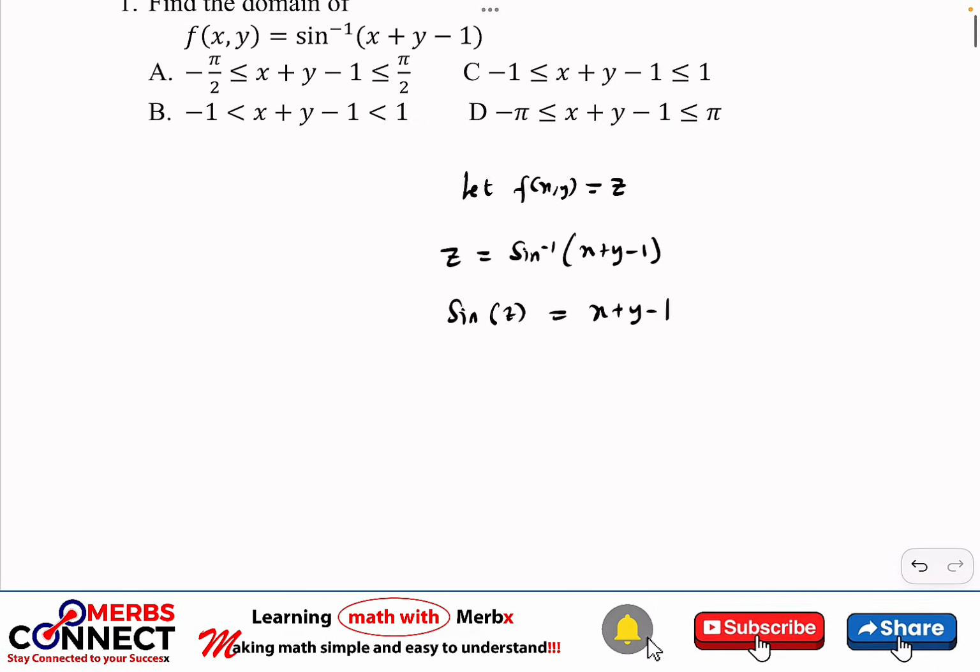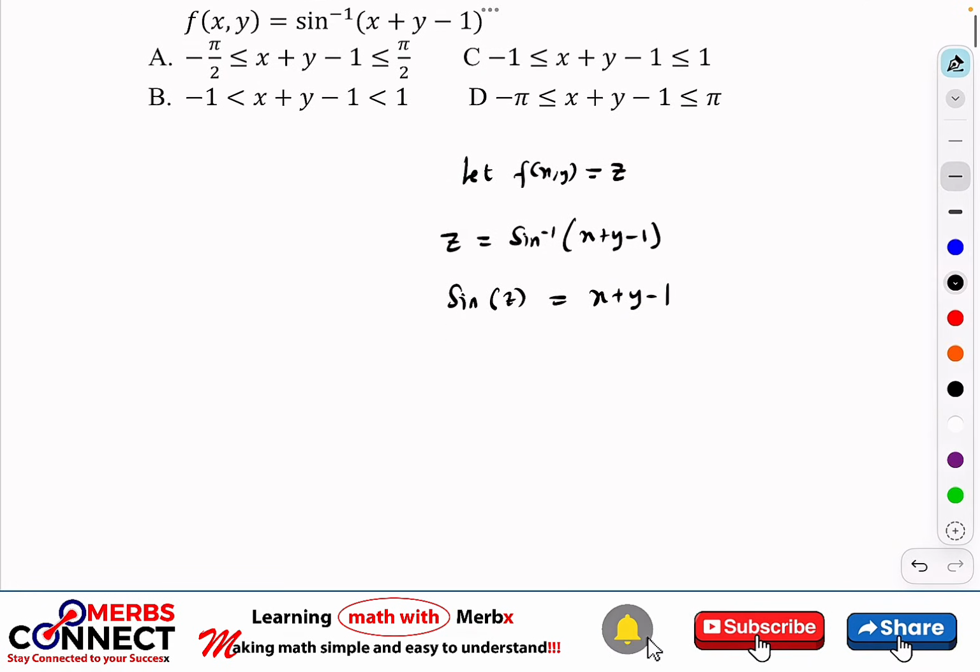So because we are looking for the domain for this, and this is the same as this, then we can now work with sine of z, and the result that we are going to get will be the same as this. But what is sine of z? Now we know that sine is bounded by -1 and 1. So the domain is just going to be this here.